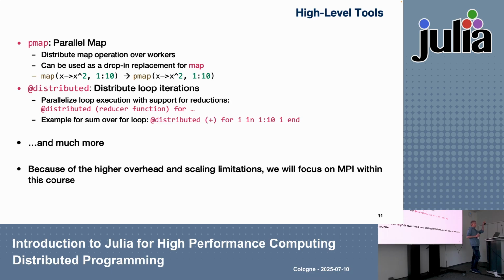Therefore, if you would change it, then it would only change in the context of the worker, and it would not transfer back to the main process. So there are some caveats also in how the data is distributed.